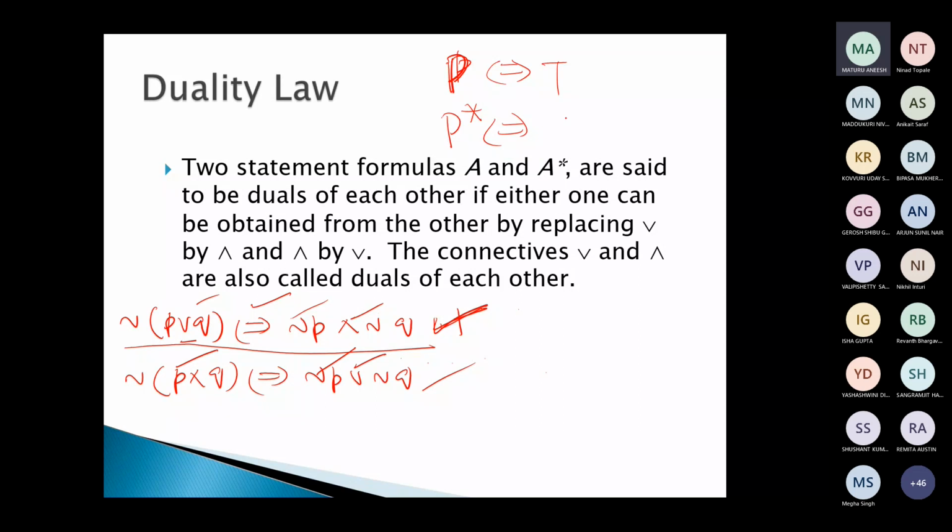So if you are finding it tough, that is, if you are not able to prove that this formula is equivalent to true, you can find the dual of that formula and try to prove that that is equivalent to false. Both mean one and the same. If you are proving this, and finally you can conclude that the dual of this will be equal to this, hence I have proved the result. Okay. That way also you can conclude.